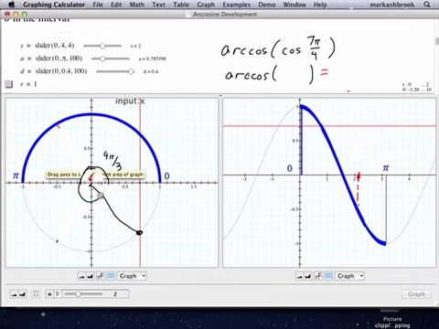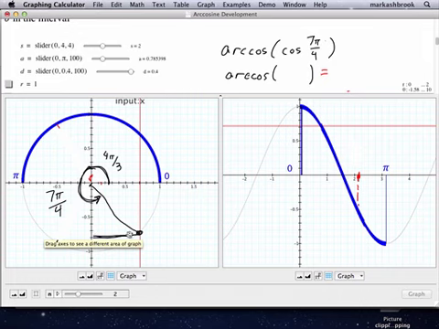This angle right there gives us a horizontal distance of radical 2 over 2, from there to there. So this is where radical 2 over 2 is, and that's what I'm showing right here.